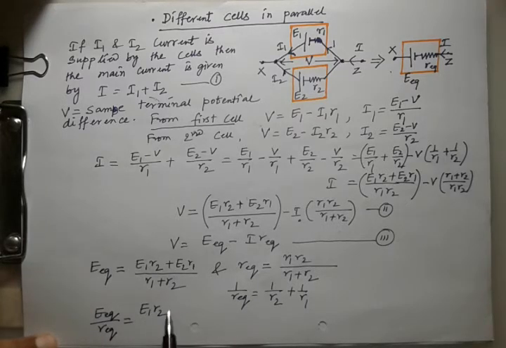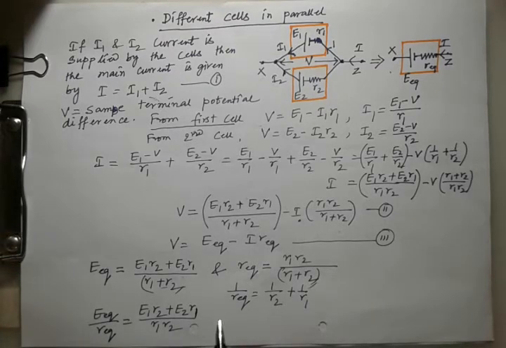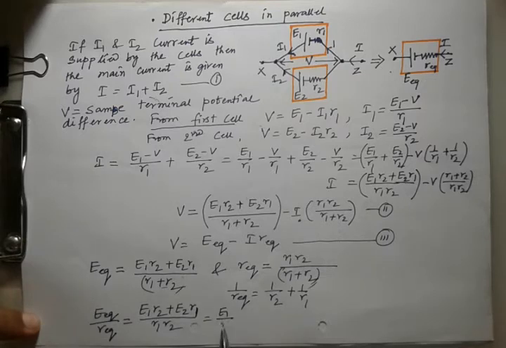E1 R2 plus E2 R1, divided by R1 R2, since the R1 R2 terms get cancelled, so it becomes E1 by R1 plus E2 by R2.